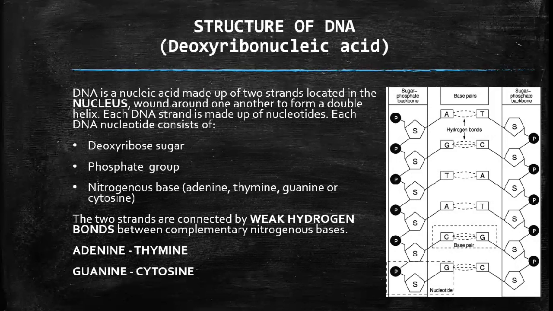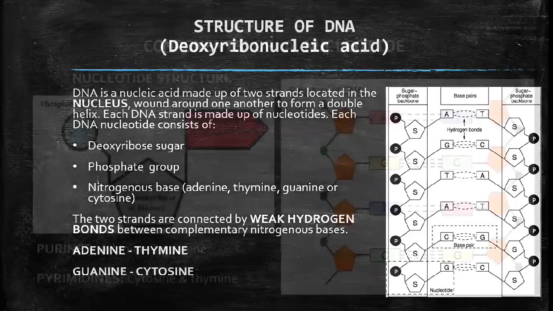They are weak hydrogen bonds because they have to be broken during a particular process. These bases don't just bond with any base: a specific nitrogenous base bonds with a specific nitrogenous base. Adenine always bonds with thymine, and guanine always bonds with cytosine.